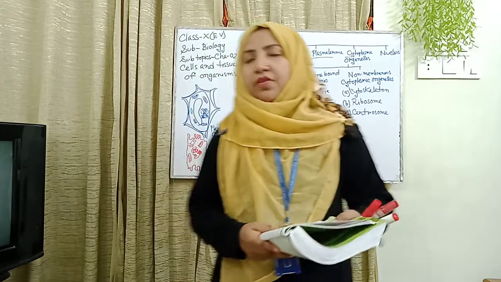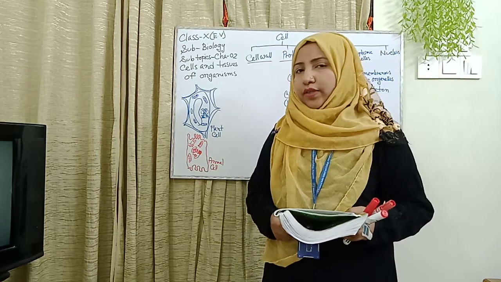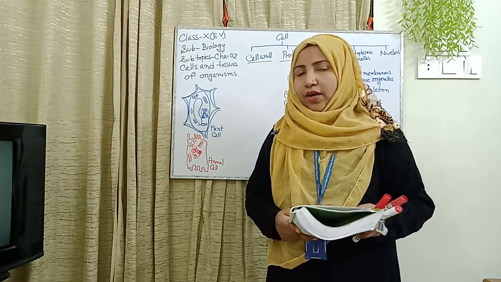On the basis of function, there are also two types of cell. One is the somatic cell and another is the gametic cell. I will describe what the somatic cell and gametic cell are. First, the somatic cell. This type of cell takes part in the composition of the body of an organism.